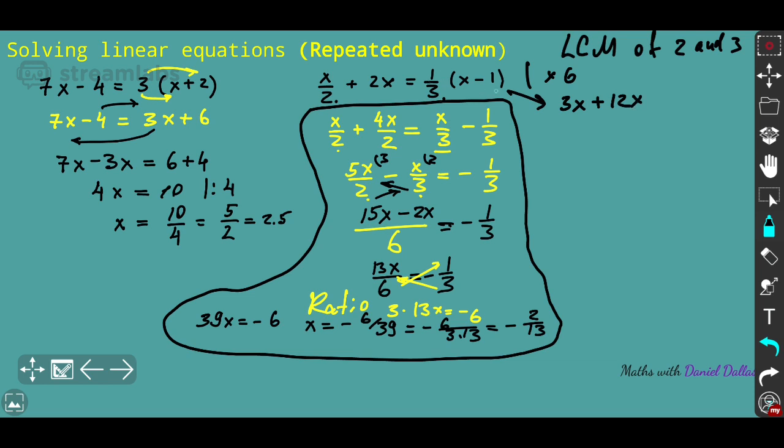And on the right side, 6 and 3 will cancel, so I will get 2x minus 1.